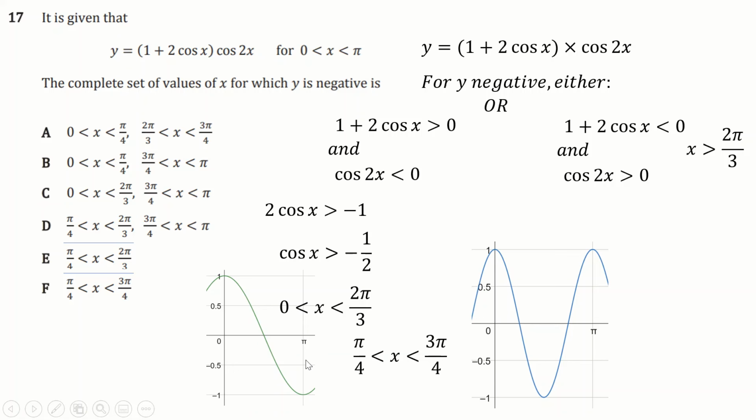And I guess less than pi I should have put, but it's not going to make a difference. And likewise, this is going to be the opposite case to before. So either x is between 0 and pi over 4, or between 3 pi over 4 and pi. And again, comparing, when are you in both of these things here? Well, this doesn't work because you have to be bigger than this in this kind of world.